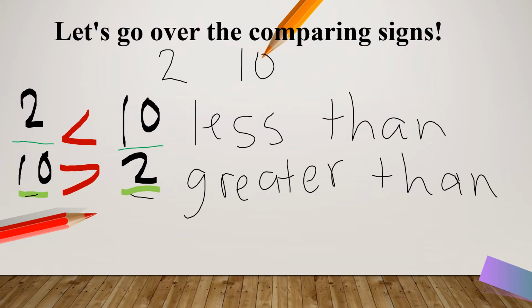And let's go over our last sign. Our last sign is this one. Equal. Equal means that both numbers are the same.